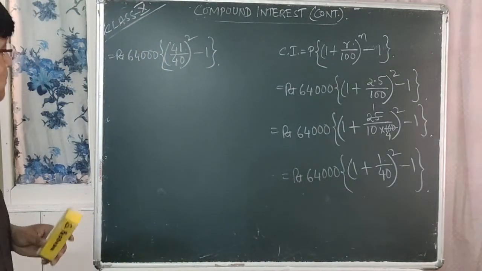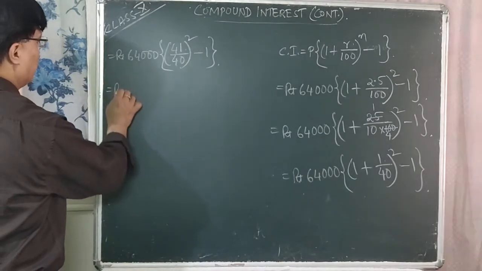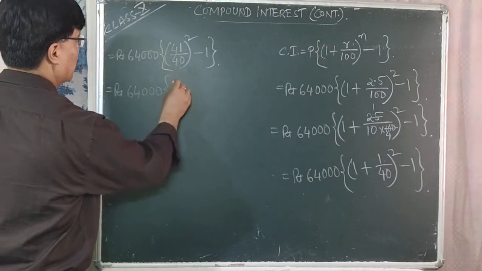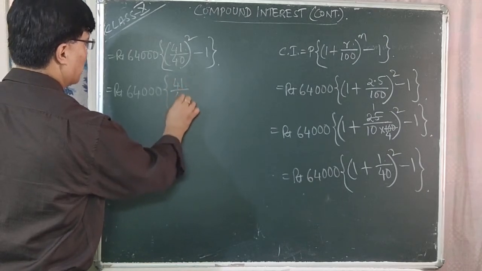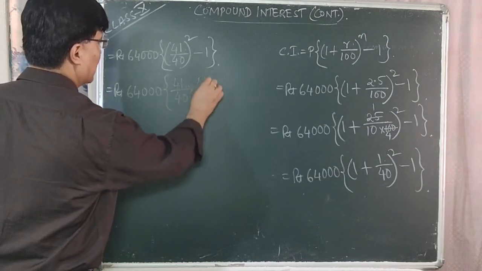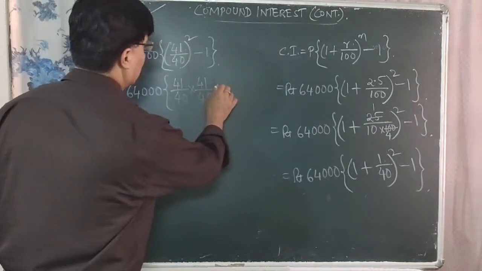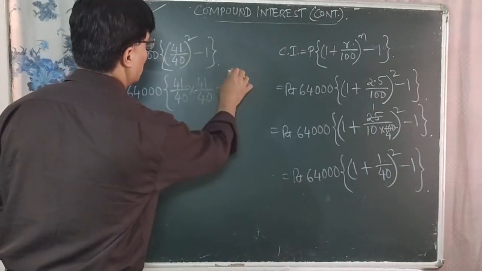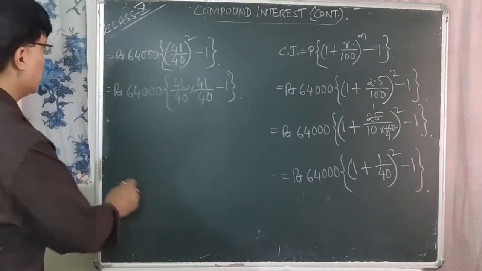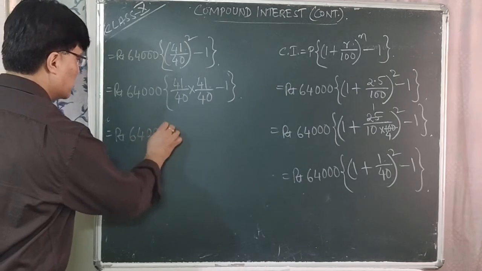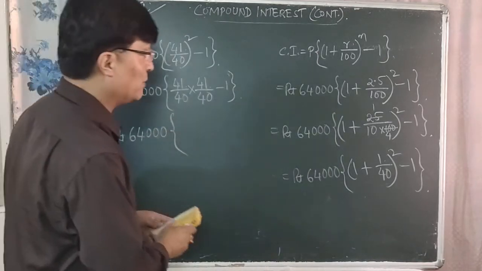Is that clear? So which is equal to rupees 64,000 within second bracket. 41 by 40 is multiplied twice here because it is given whole square. Then write down minus 1, right? So is equal to rupees, this is your 64,000 now within second bracket.